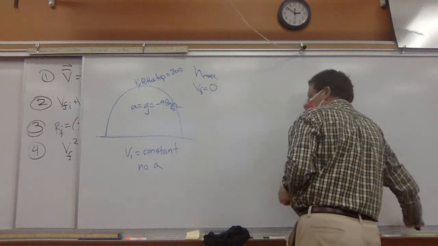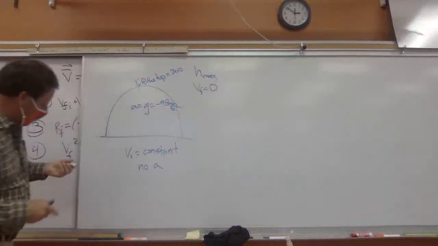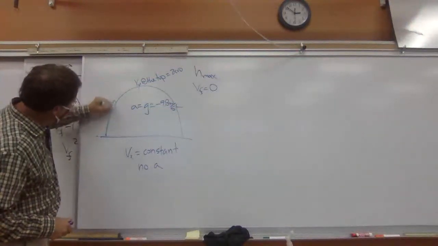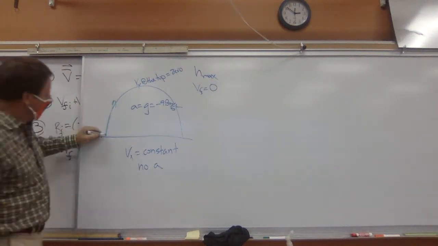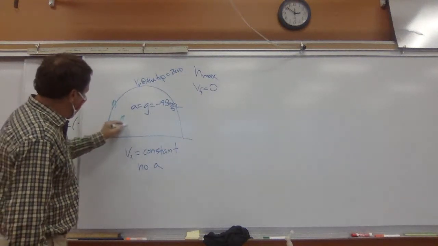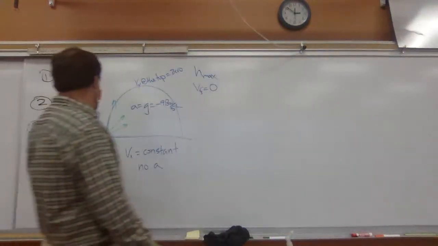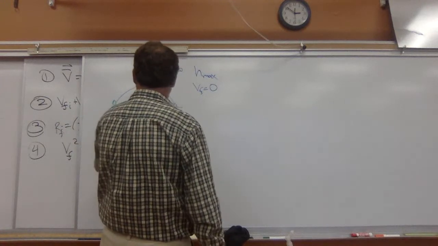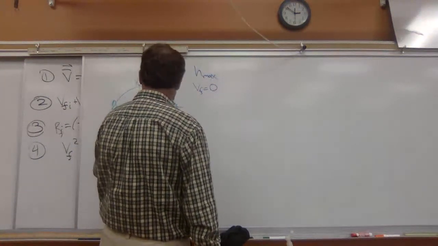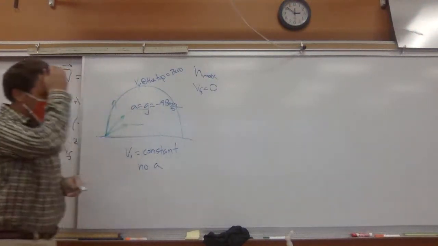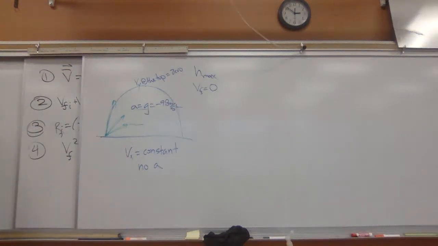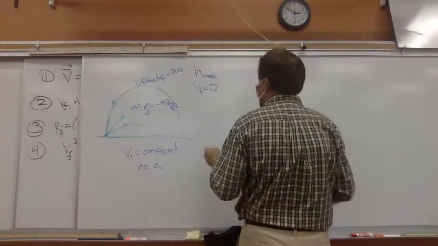But this is going to change somewhat depending on the angle, because if we throw it at a greater angle, it's going to go higher than if we throw it at a lower angle. We can see that because we get different parabolic curves, and that height is going to change.